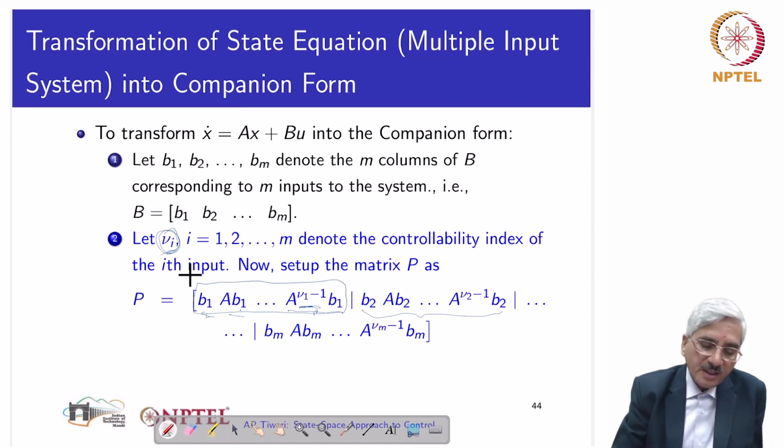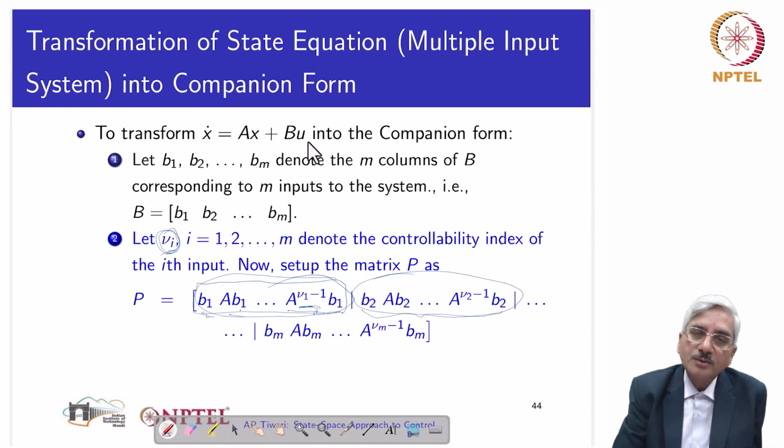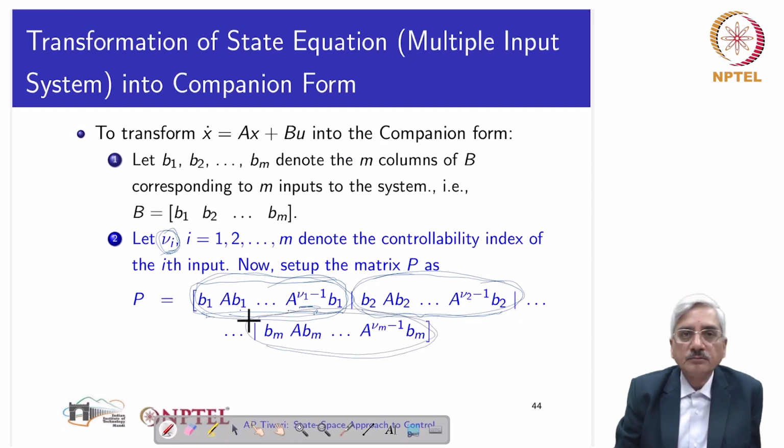So these are the independent columns coming from considering each input column, each column in B corresponding to the respective input. This column B1 is for input 1, this comes from input 2, and so on. This comes from the mth input.